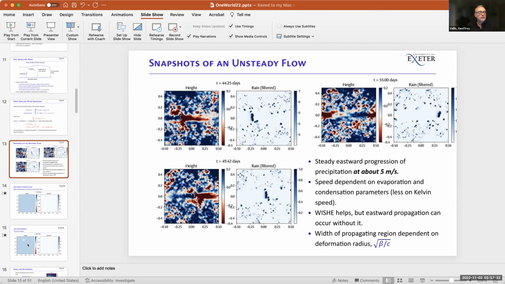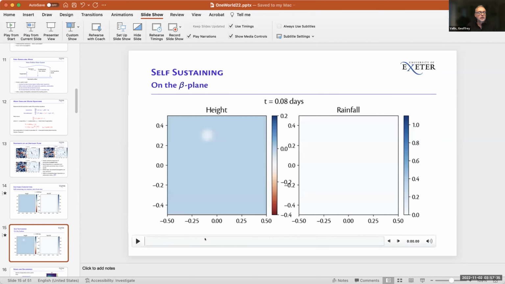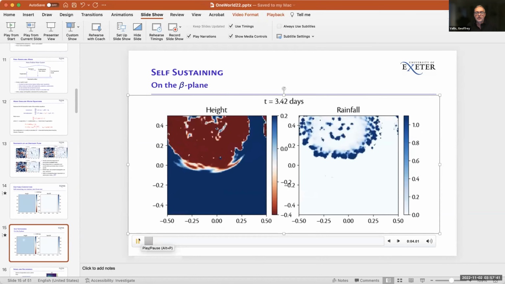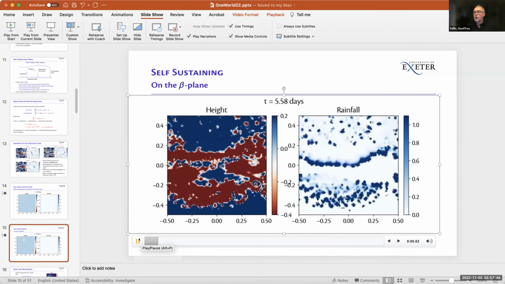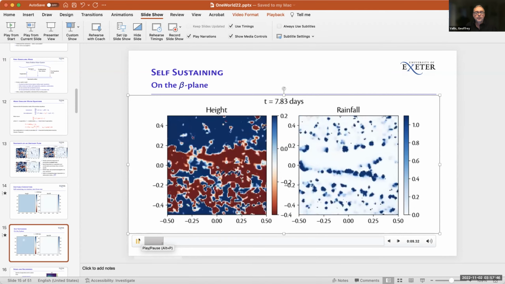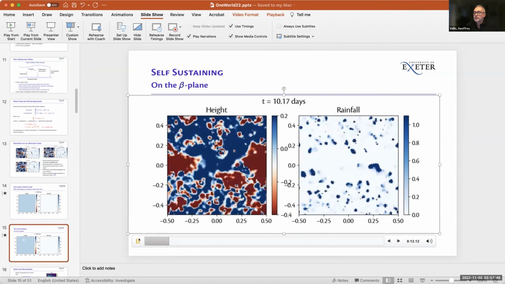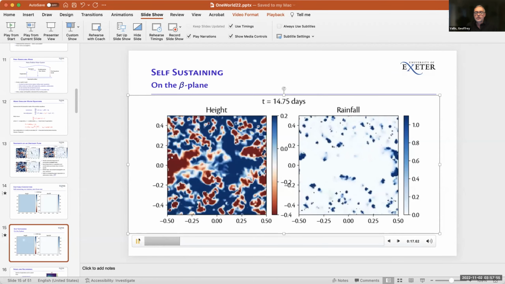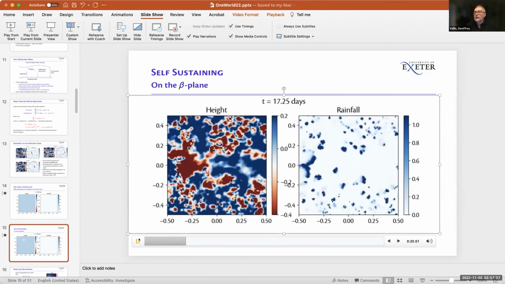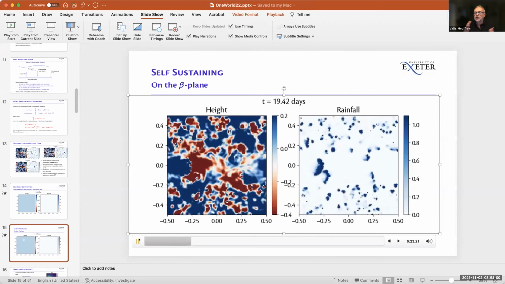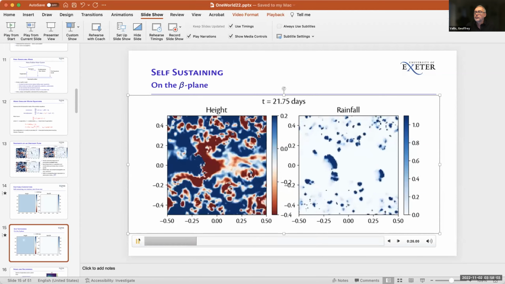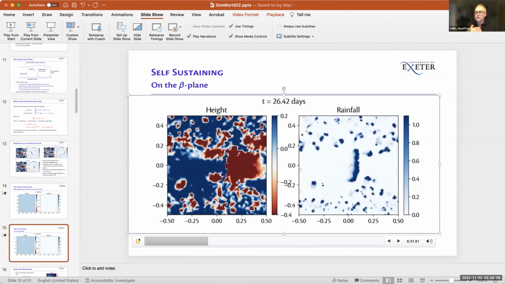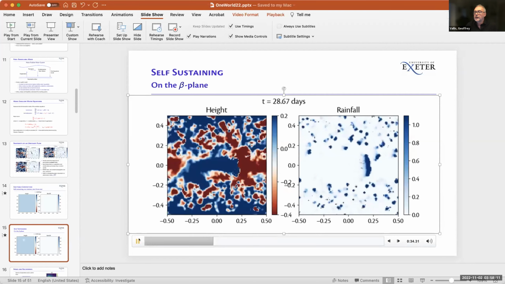If you play the movie, you do see Kelvin waves and gravity waves and so on, and they're all in the mix. So they all exist. It's not like we're damping the actual transient waves, but they're somehow superimposed upon the stationary Matsuno-Gill response, which is what is producing the propagation of the MJO.